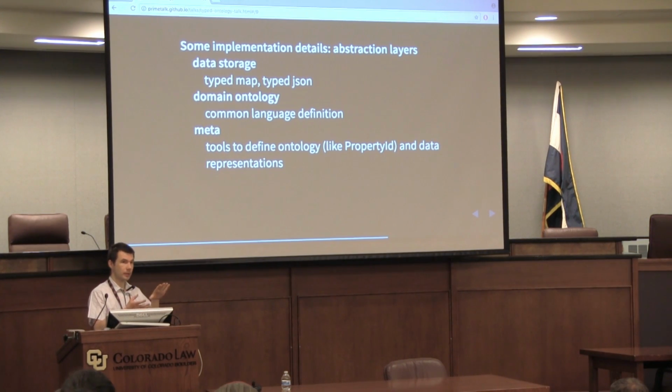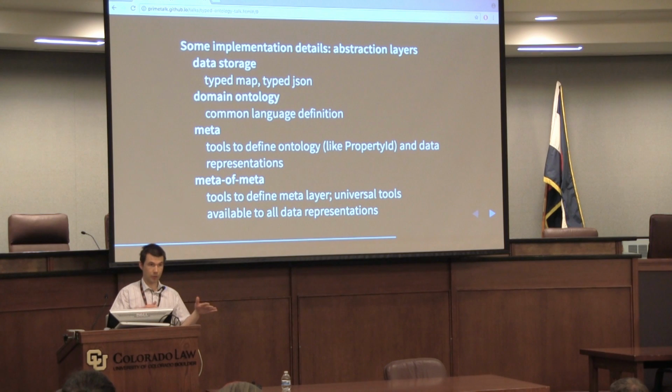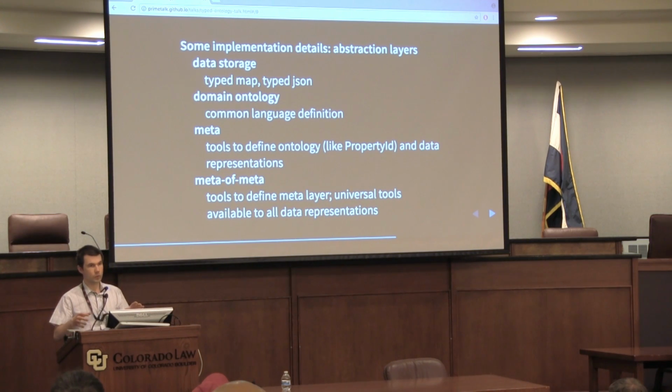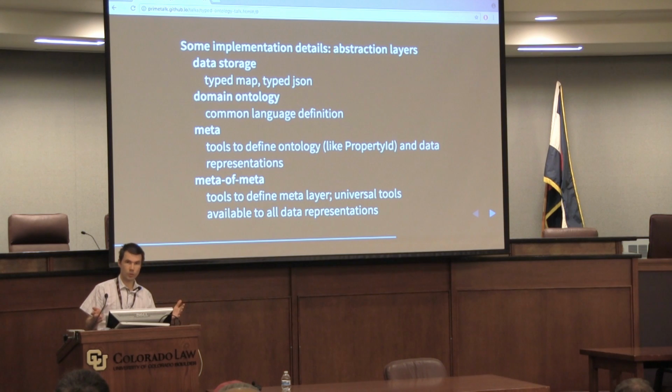That's why this meta layer contains tools to associate this metadata with a property. And this meta of meta is the next abstraction layer, that contains some tools that are reusable across various data representations and all the property IDs that you want to create. These are kind of reusable type classes.